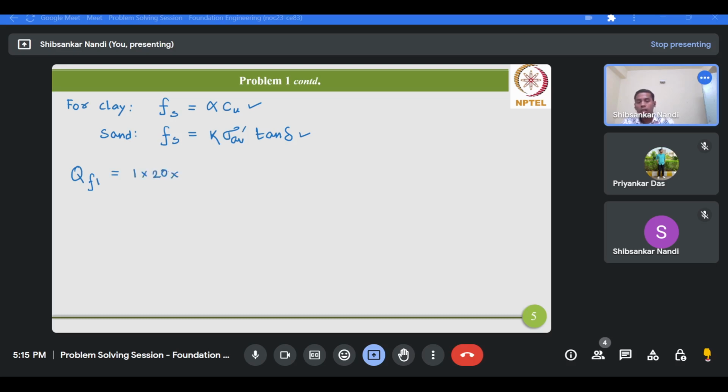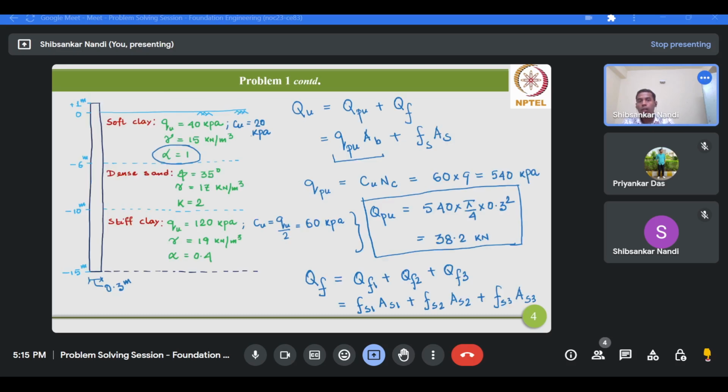Now this value you have to multiply with the corresponding surface area of the pile. Now what is the corresponding surface area of the pile in layer 1? So this is layer 1, this is layer 2, and this is layer 3.